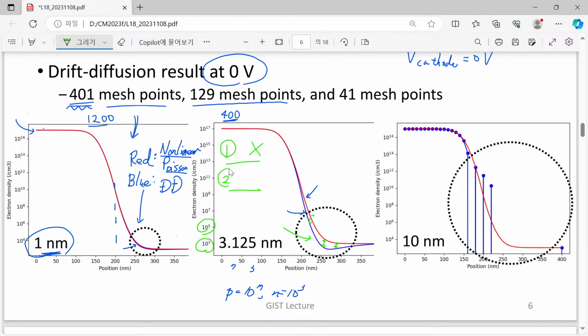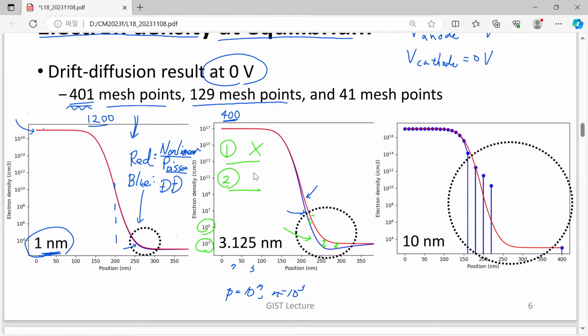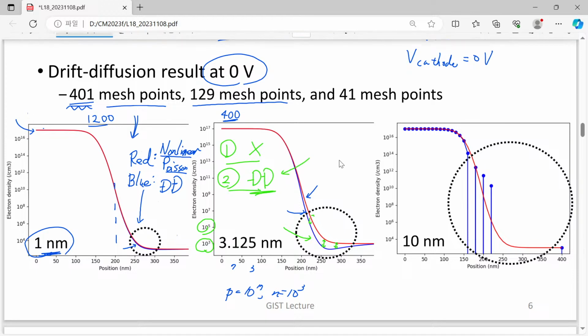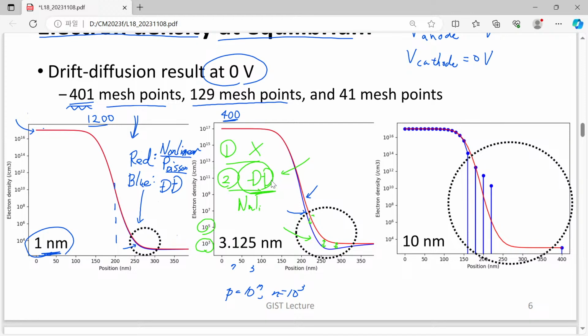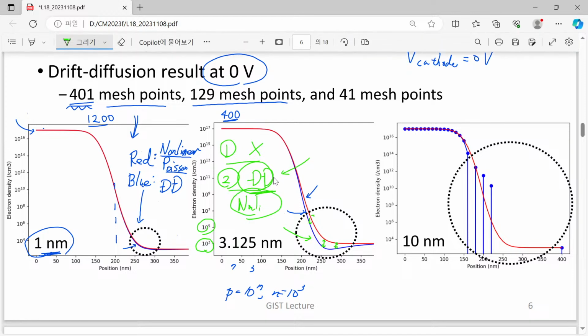And the second reaction is, well, since our drift diffusion simulator is more general and the nonlinear Poisson equation solver is valid only for the equilibrium case, the solution of our drift diffusion equation is the correct one, and this one seems to be a wrong solution.